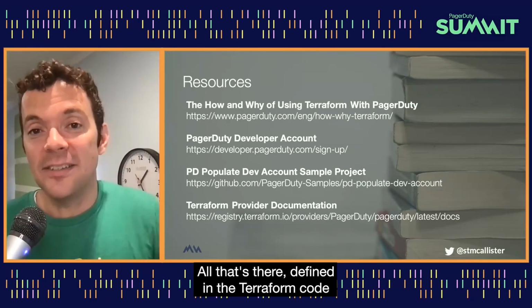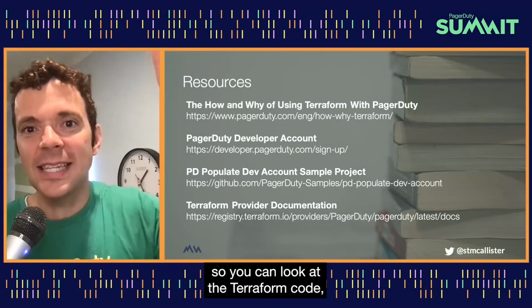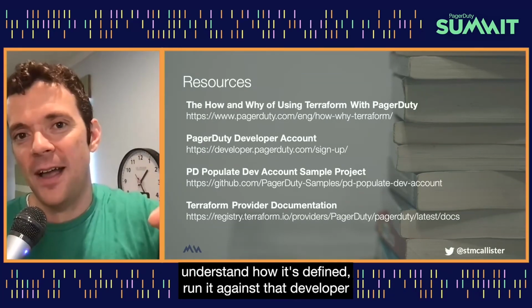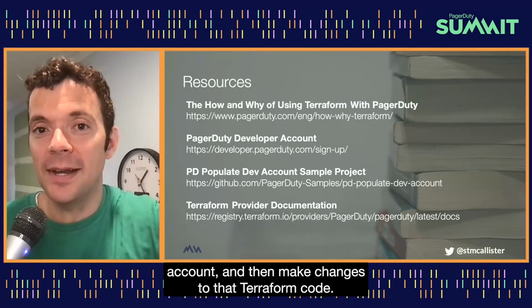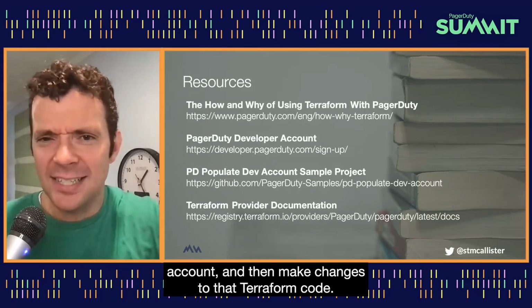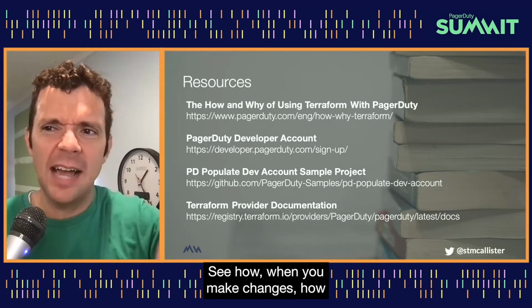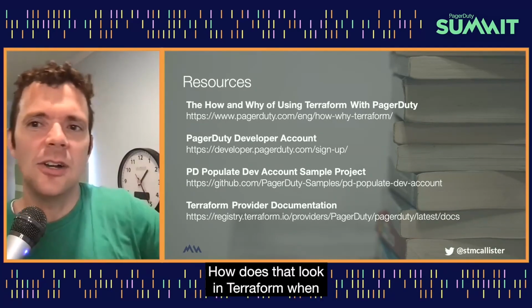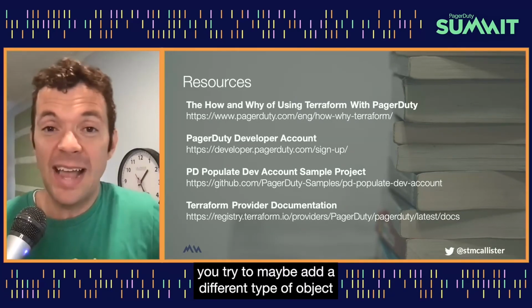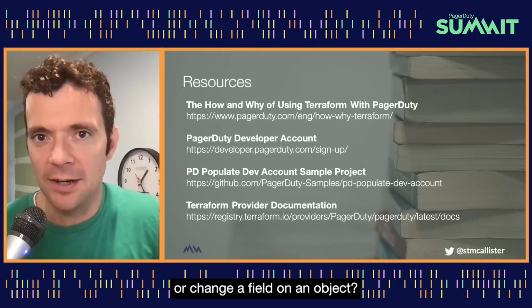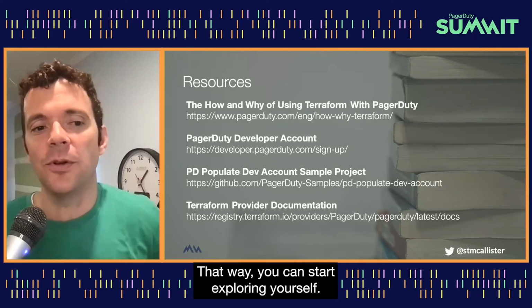All that's there defined in the Terraform code. So you can look at the Terraform code, understand how it's defined, run it against that developer account, and then make changes to that Terraform code. See how when you make changes, how does that affect your system? How does that look in Terraform when you try to maybe add a different type of object or change a field on an object? That way you can start exploring yourself.